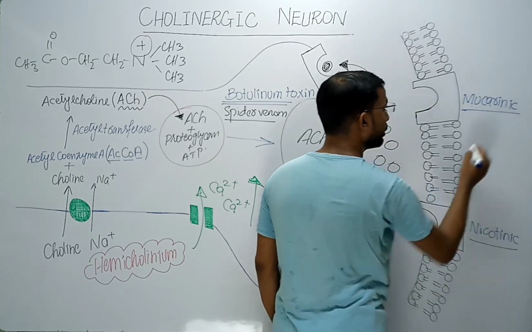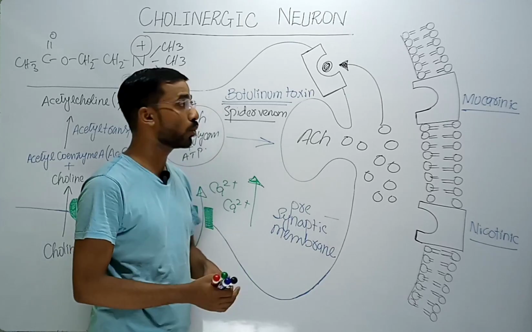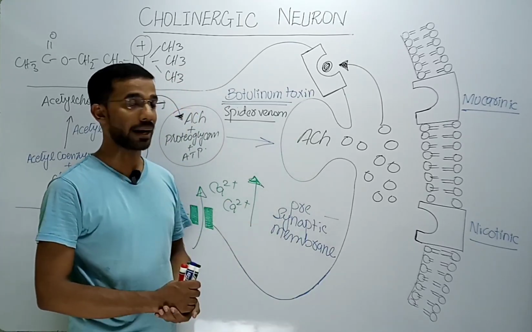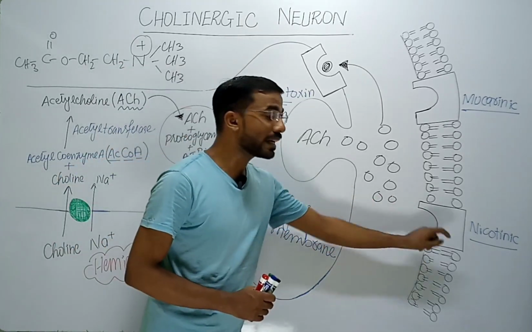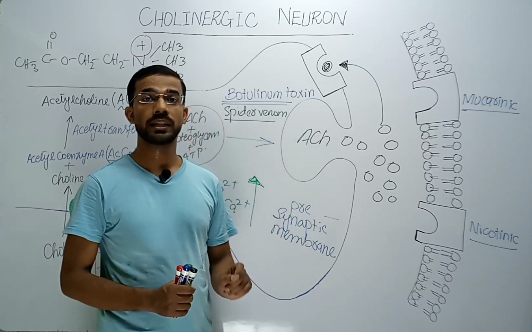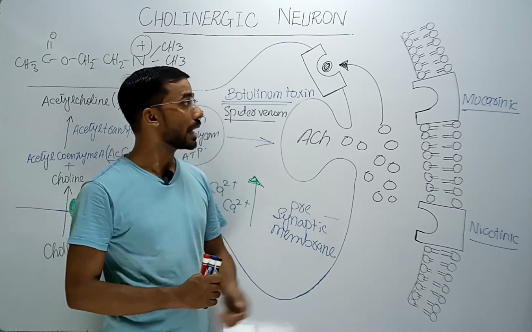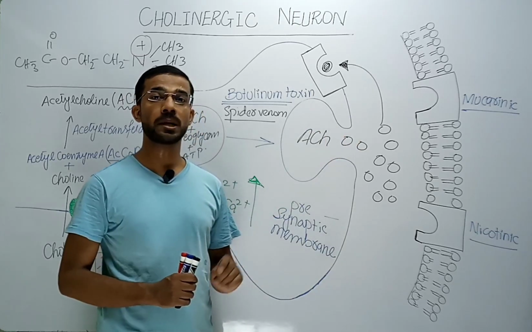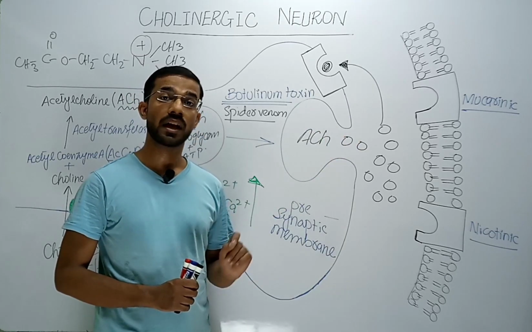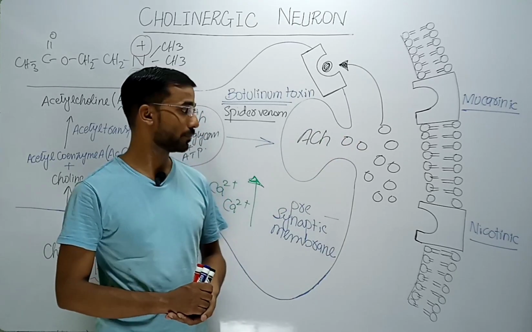These are the two important receptors to which the acetylcholine binds. Nicotinic receptors are mostly present on the neurons and at the neuromuscular junction site. But the muscarinic receptor is mostly present on the different organs that act as effectors.